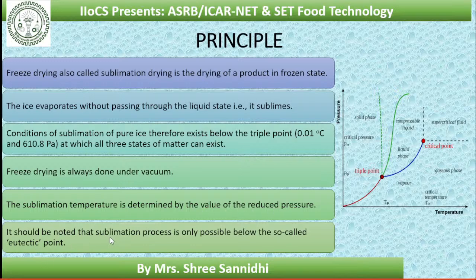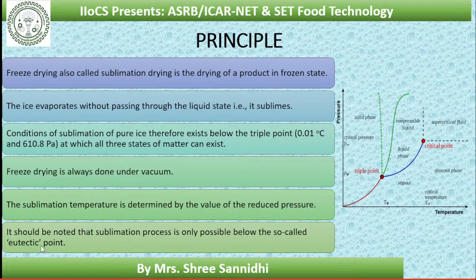It should be noted that the sublimation process is only possible below the so-called eutectic point. So eutectic point is similar to the triple point. Here we have water in two forms, the liquid and the solid phase. So below this point we can achieve sublimation.